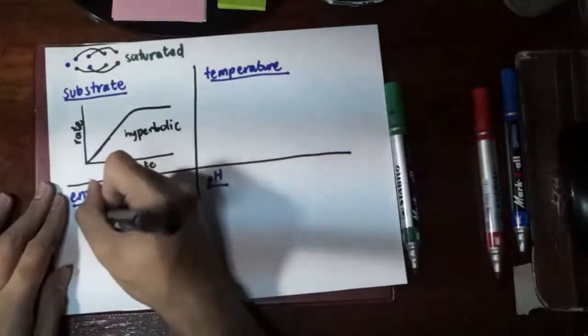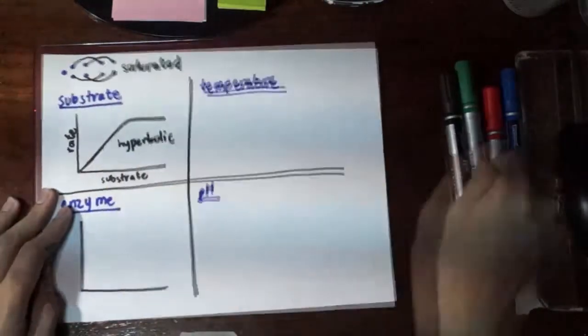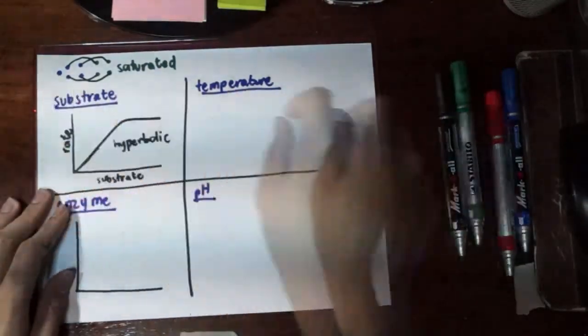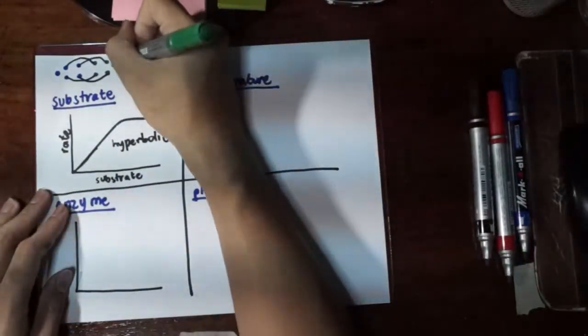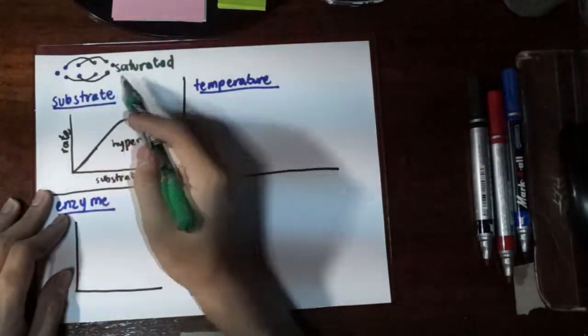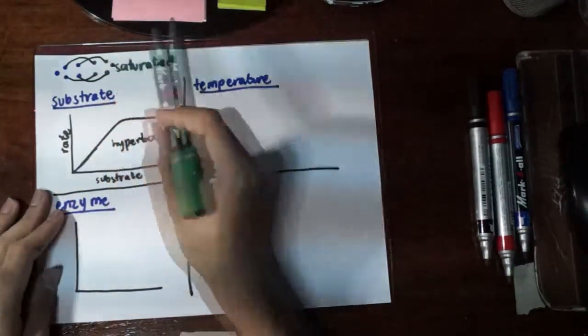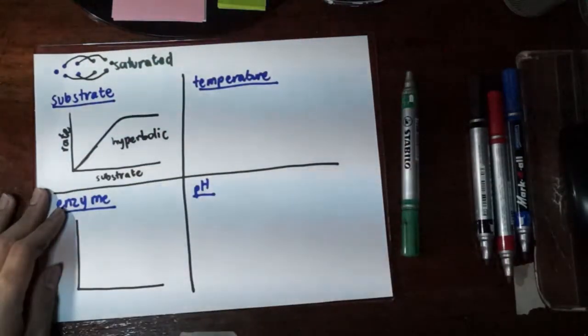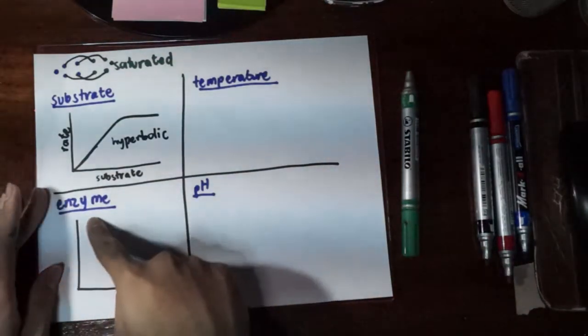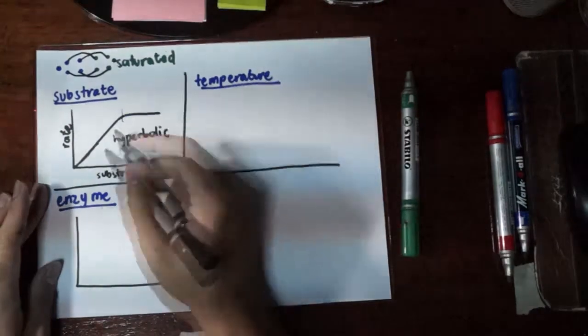For the enzyme, it's kind of a no-brainer. If you look back here, if I have this additional substrate, then I just add the additional enzyme. If we follow linear kinetics here, where each substrate will have a particular enzyme, then we should assume that if we have enough enzymes so as not to be saturated, then we will not reach this point.